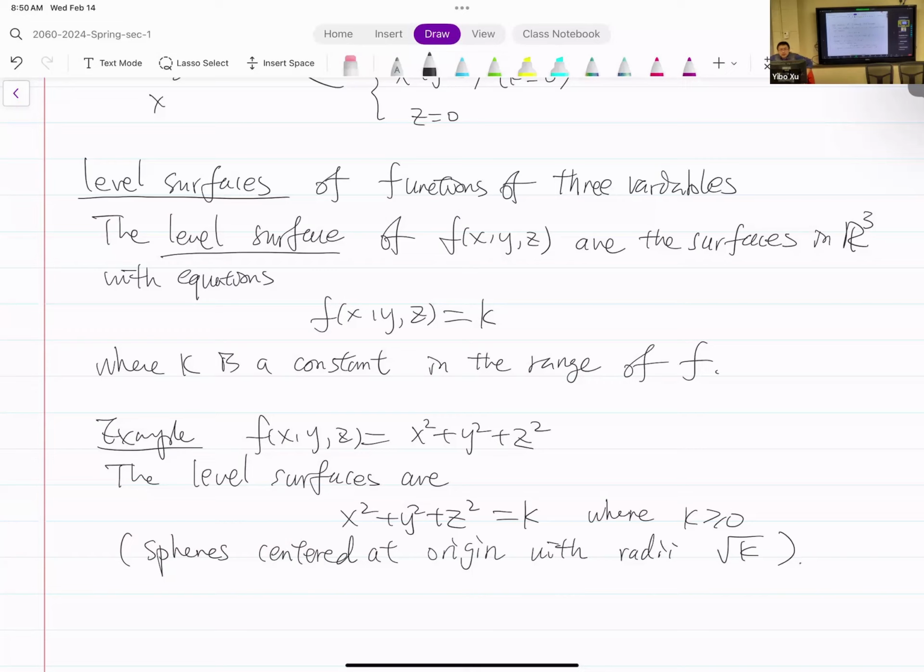And you can imagine that they are just spheres stacking all the way up, just extending the radii. So that's one way that you can represent the four-dimensional relationship between the input x, y, z and the output, let's say, k.